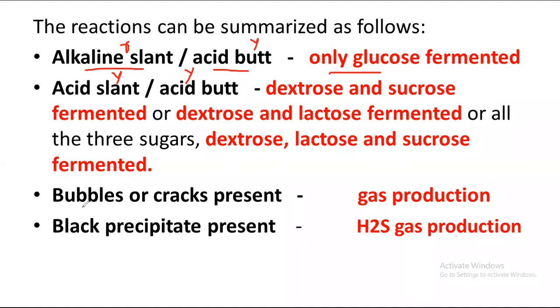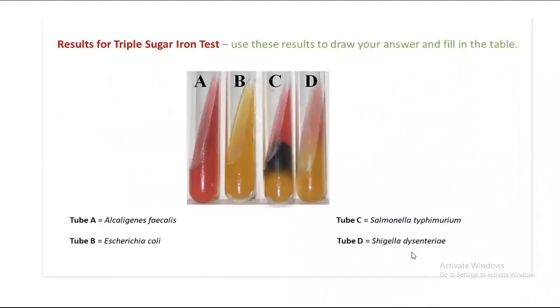If we are having bubbles, this means that gas is produced, and that gas is carbon dioxide. And if we get a black precipitate, this means that hydrogen sulfide is produced. So this was a summarized form of the chemical reactions that I have told you.